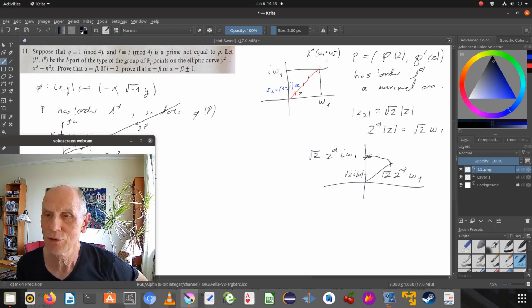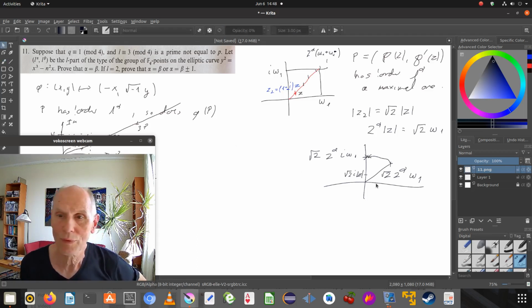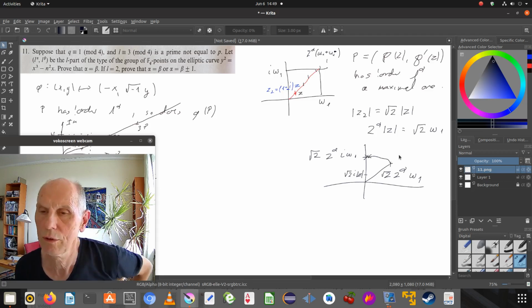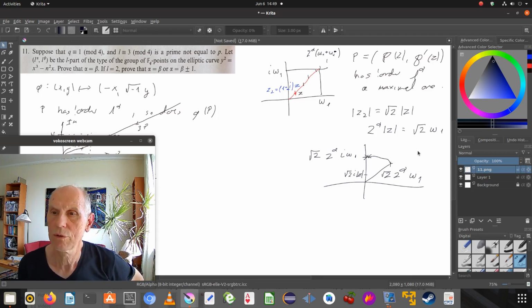We have order exactly 2 to alpha. Then we take this point, and when we go up 2 to alpha, we already know that it's a lattice point, do we not? 2 to alpha z equals square root 2 times some integer.